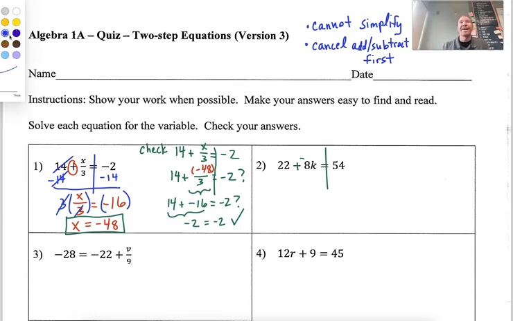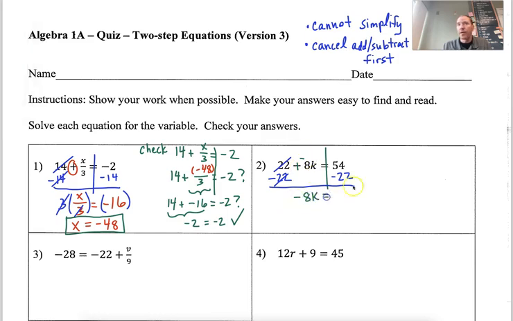The 22 is positive. I have $22 and I owe 8 koalas or whatever. So I'm going to subtract 22, in fact. I have 22 of something. Let's take it away. So no more 22 there. Balance your equation. So we'll be left with here, we're going to owe 8 koalas, negative 8k.